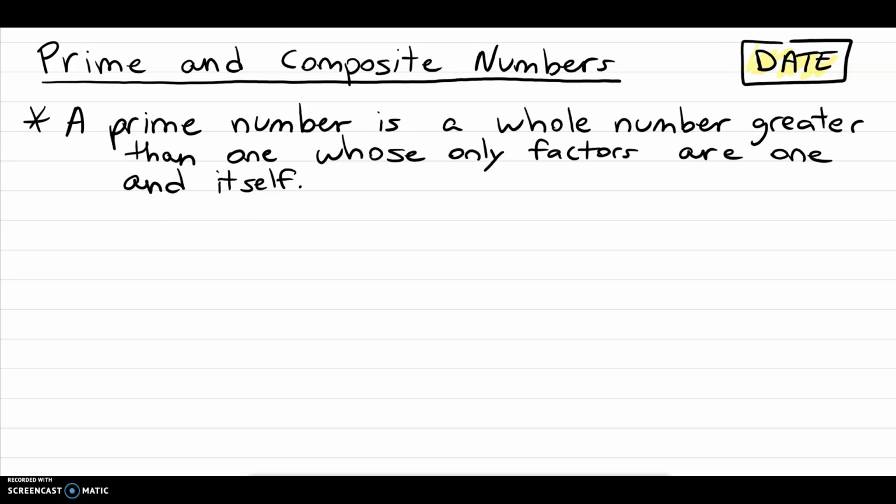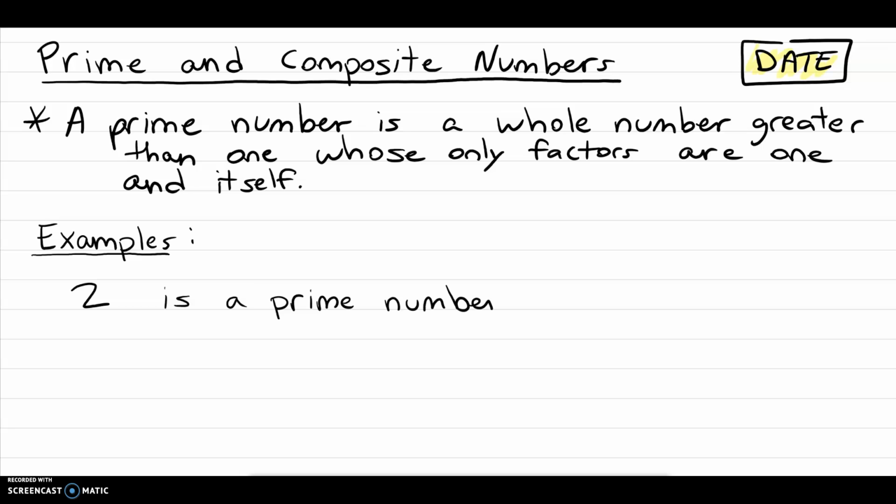All right, so let's consider some examples. Two is a prime number. So if you think about it, the only way to multiply to get 2 would be 2 times 1. So 2 and 1 are the only factors.